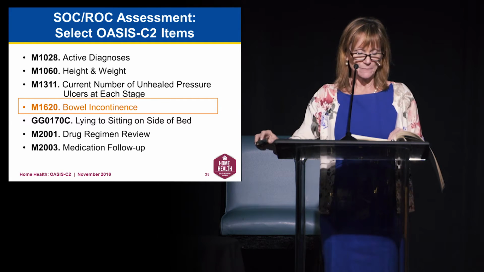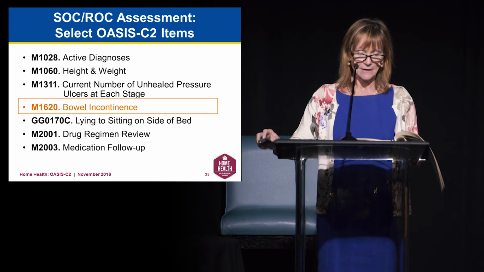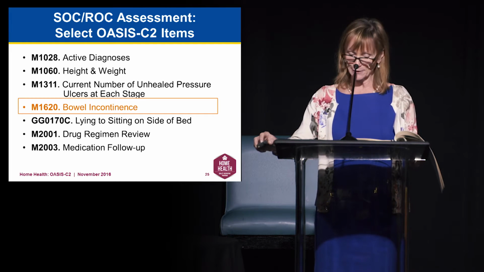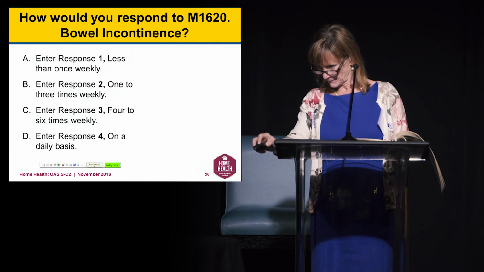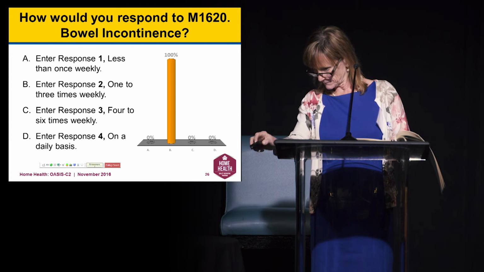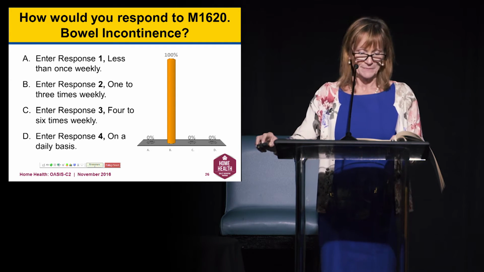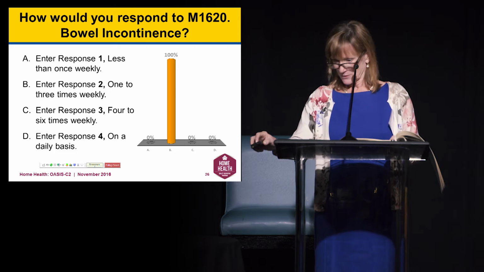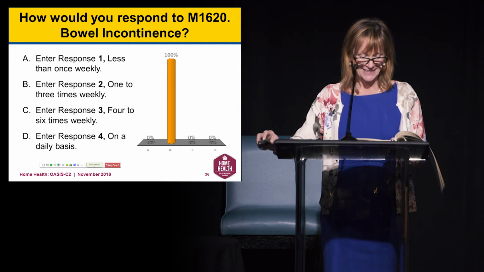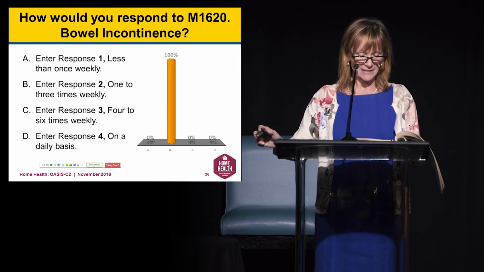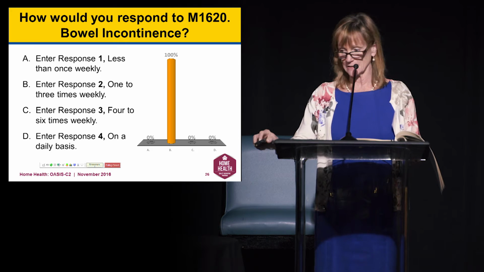So the next item that we'll be doing is M1620, bowel incontinence, and we're going to go back to our polling questions. It looks like everyone got that right, immediately, which is pretty awesome. You're trying to decide which response for bowel incontinence.